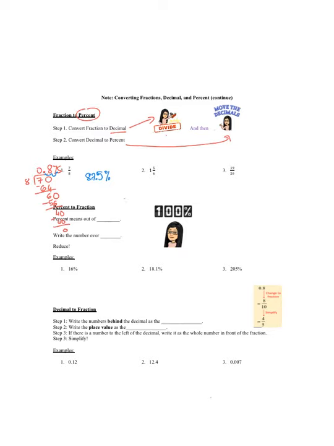Okay. Number 2, you have 1 and 5/6, a mixed number. So I'm gonna ignore number 1, the whole number. I'll just convert 5/6. 5 inside, 6 outside. So can 5 divide by 6?